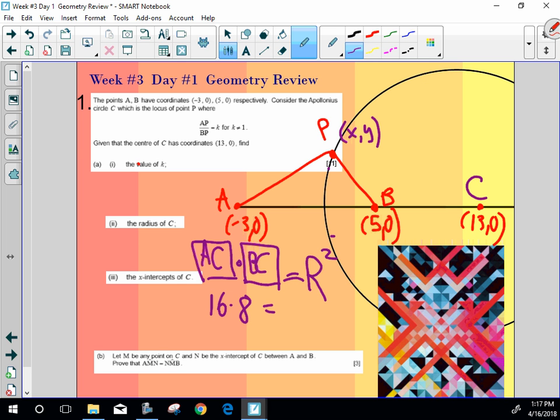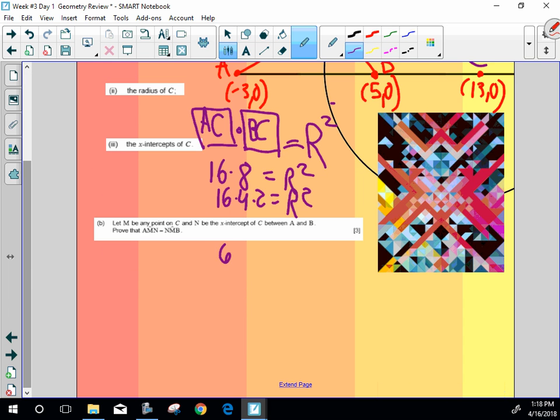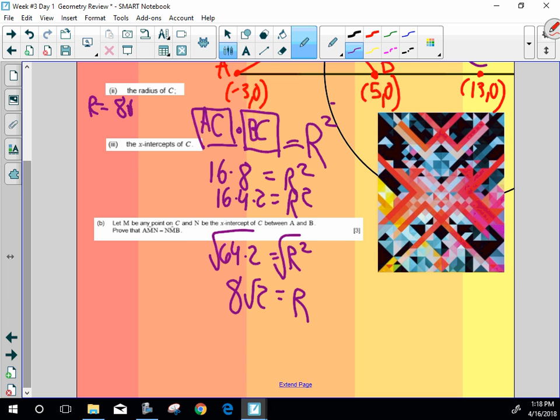And that's going to be equal to R squared. So this is going to be 16 times 4 times 2. If we take 16 times 4, what do you get? 64 times 2. If I take the square root, I'm going to get 8 square root of 2 is the radius. So R equals 8 square root of 2.